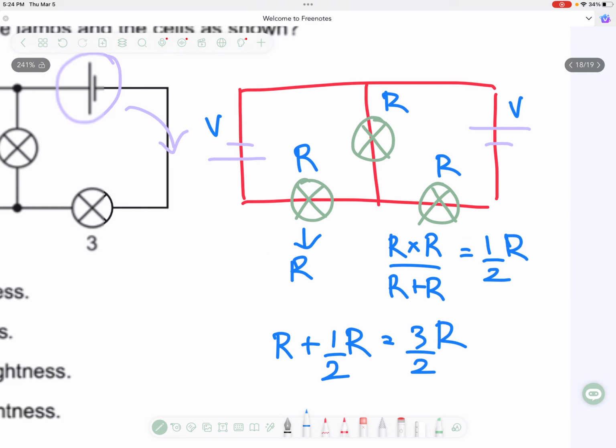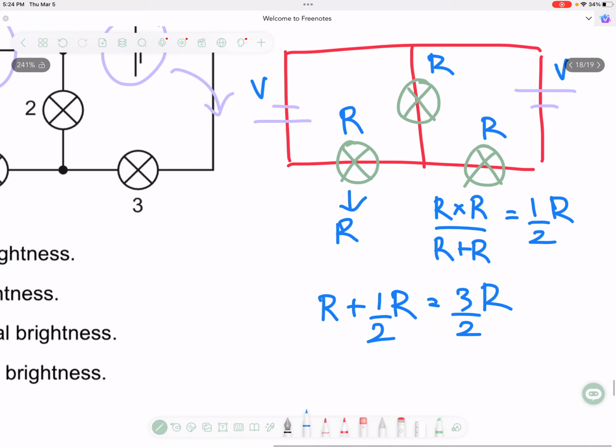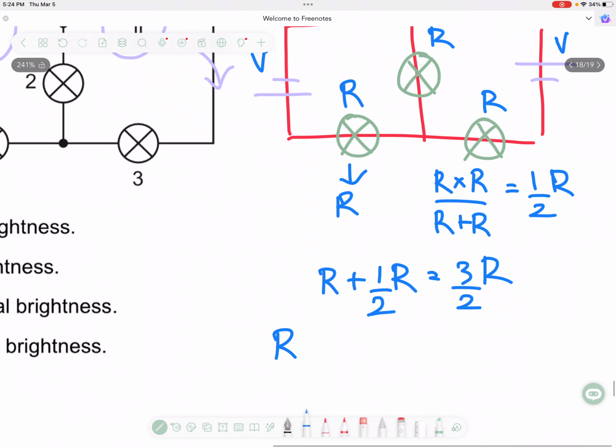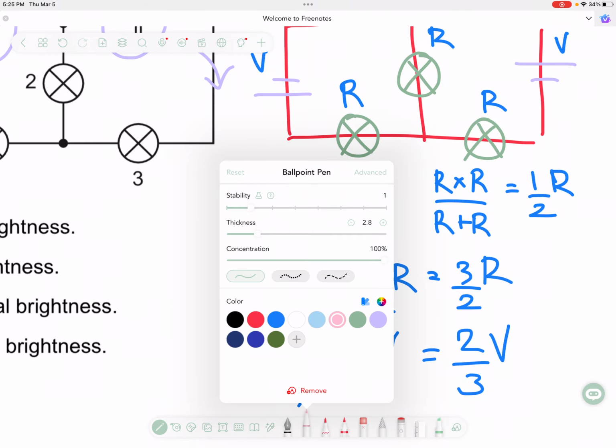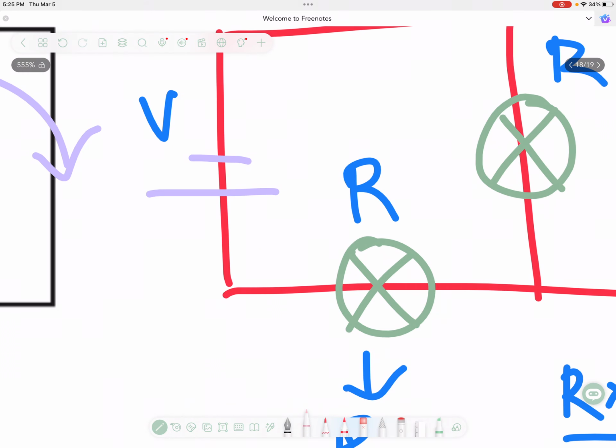And then once you have the total R, you're going to use the potential divider method, which is R divided by 3 by 2, or I'll just write it as 1.5R, times V, which is 1 divided by 1.5, 2 by 3 of V. Okay, so essentially this lamp over here is getting 2 by 3V, sorry about that.